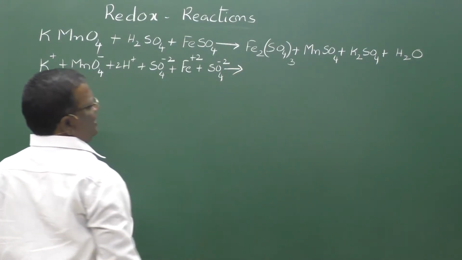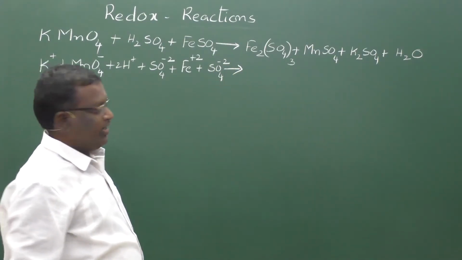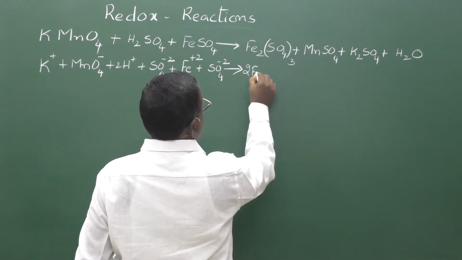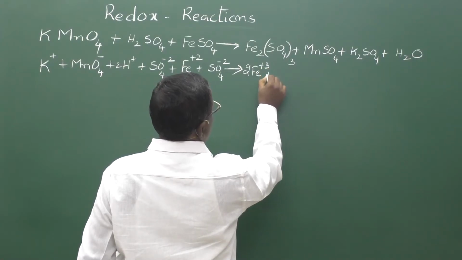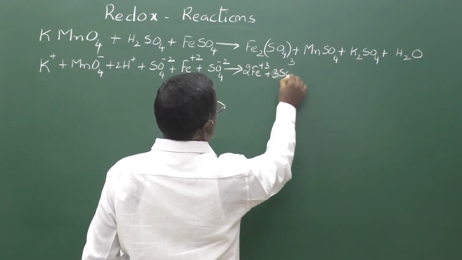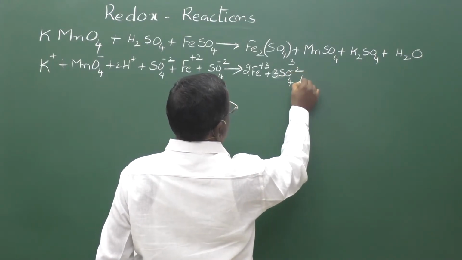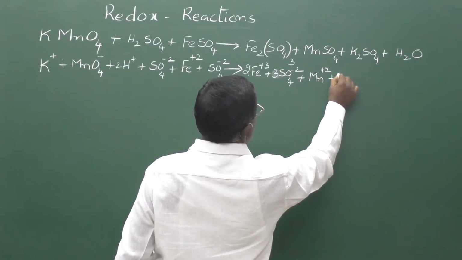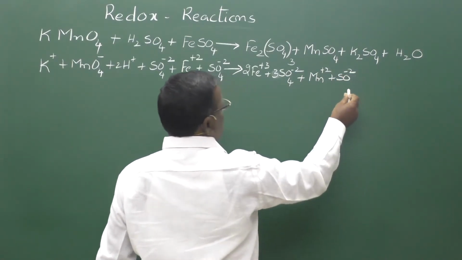Similarly, in products also the same ionization will take place. Ferric sulfate will ionize as 2Fe plus 3 and 3SO4 minus 2. MnSO4 will ionize as Mn plus 2 and SO4 minus 2.